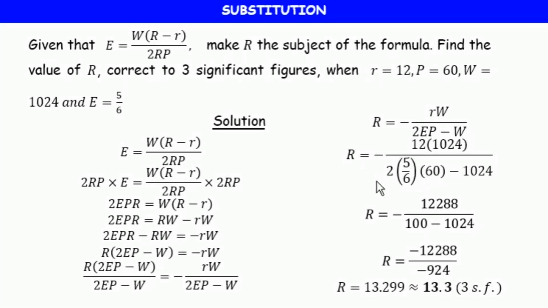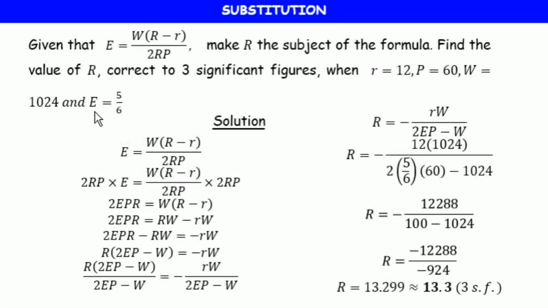Now the next thing is to substitute these values into the equation to find the value of R. Given that small r is equal to 12, wherever we see small r, we put 12 there. Wherever we see P, we insert 60. Wherever we see W, we replace it with 1024.